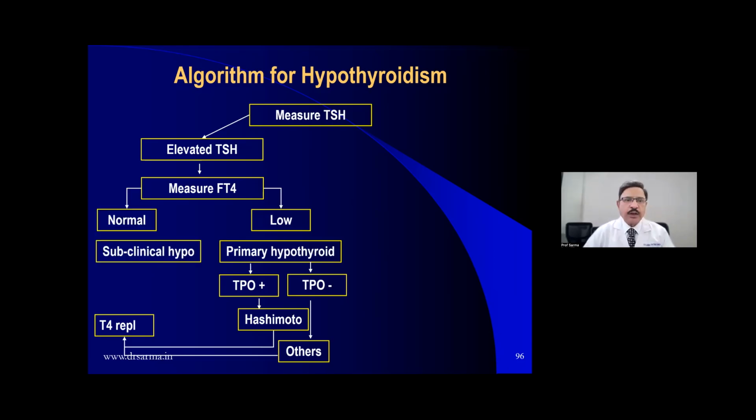Suppose FT4 is normal but the TSH is elevated. That means there is still a little bit of hormone left in the body. That is why it is called subclinical hypothyroidism. Thyroid hormone is secreted into the vesicles of the thyroid gland as thyroglobulin.